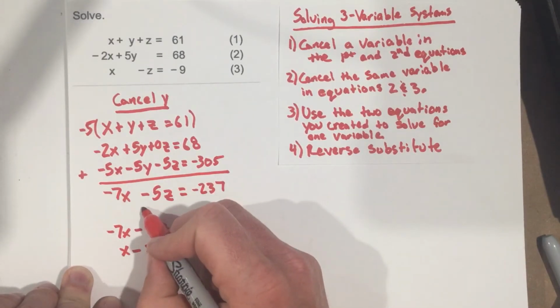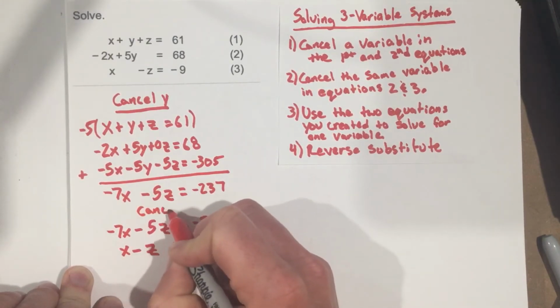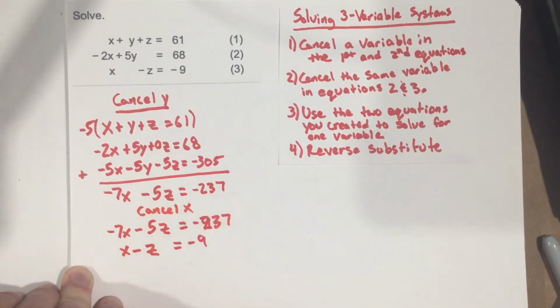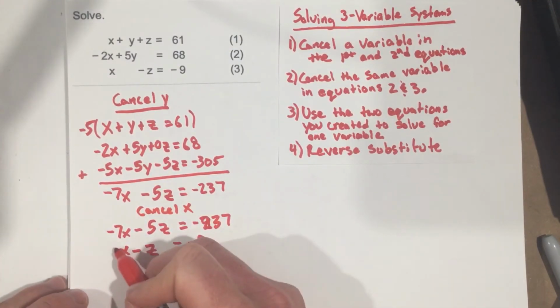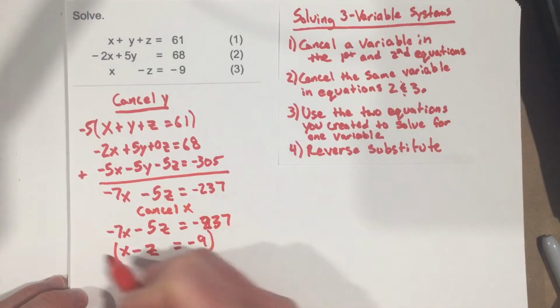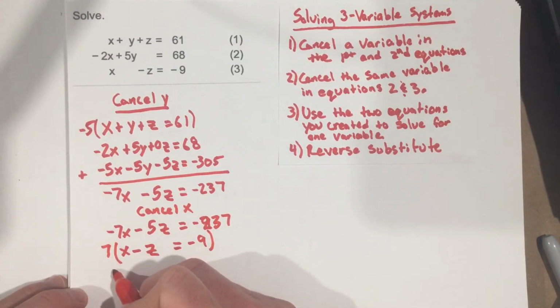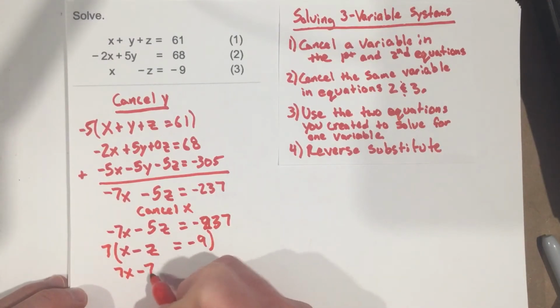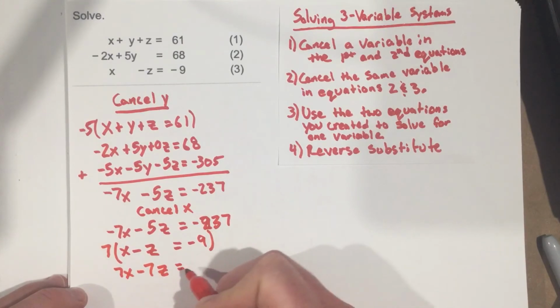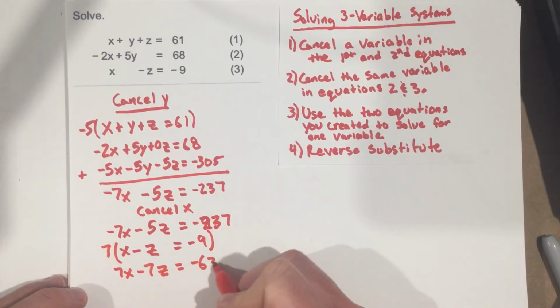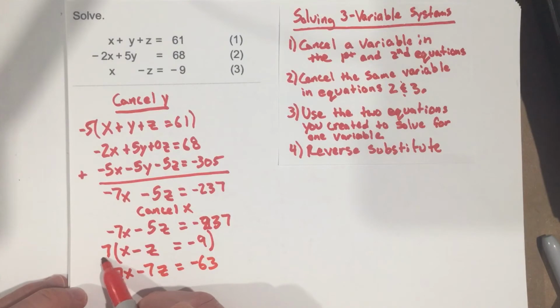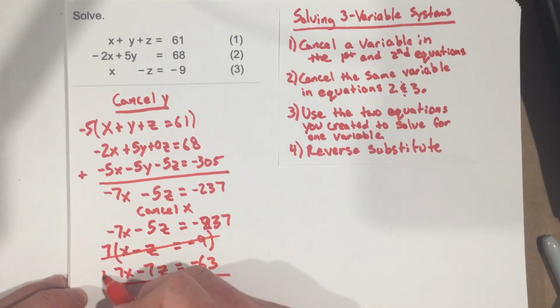And I'm going to cancel now. I'll say I'm going to cancel the x value. So to do that, I'm going to multiply the bottom by 7, leaving me with 7x minus 7z equals negative 63. Can kind of cross that out. We're going to add these equations together.